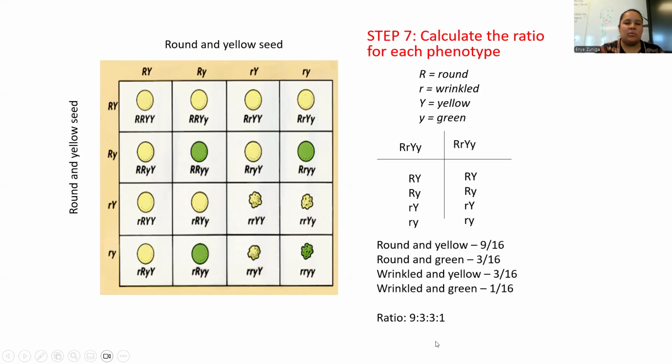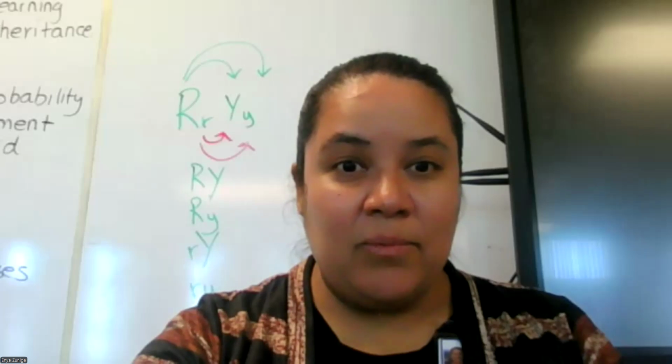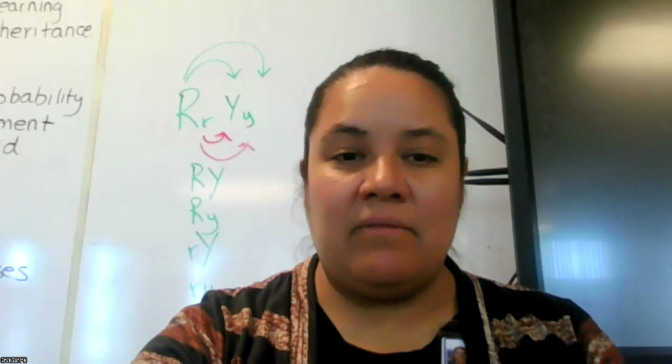Okay, so those are your ratios. And that's it. That's how you fill up your dihybrid cross. I hope this helped. You have example number 2 on the notes and also the summary that you can work on by yourself. Okay. I hope this video helped you.